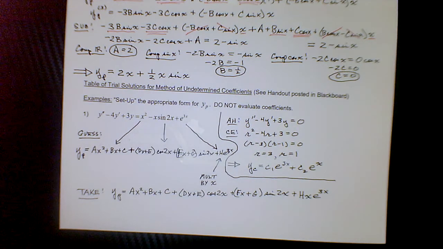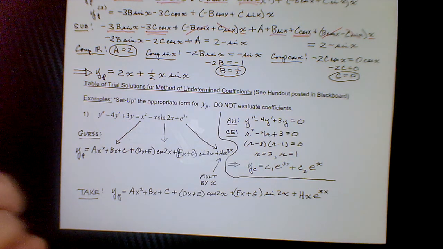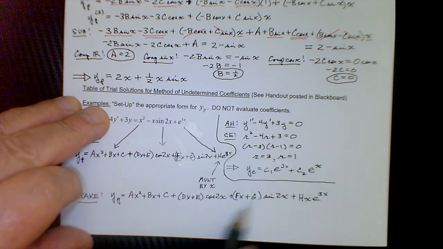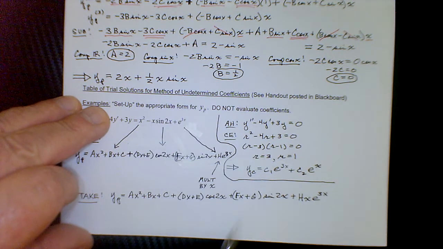So that would be all we're looking for there. Just to test that you understand the concept of not having any duplications, because now there's no duplications between y sub c and y sub p. So a couple more of these questions on the next page.